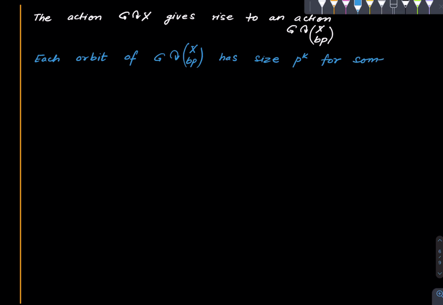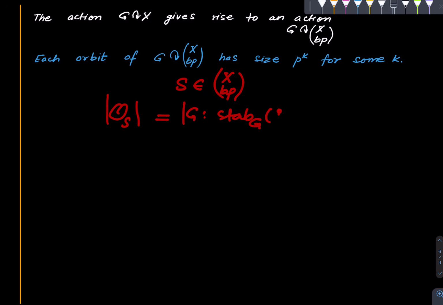Why is that? Just apply the orbit stabilizer theorem. You pick some s in this set. It has some orbit. The cardinality of that orbit is the index of the stabilizer of that element.